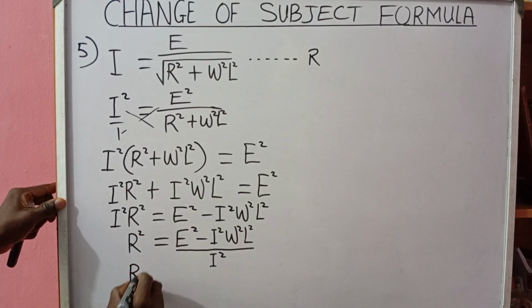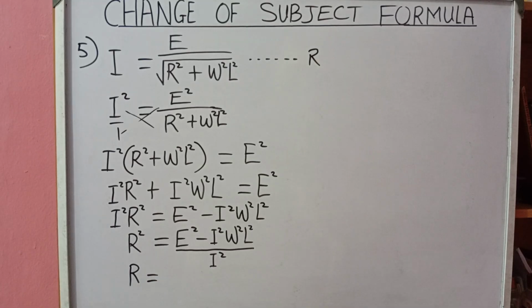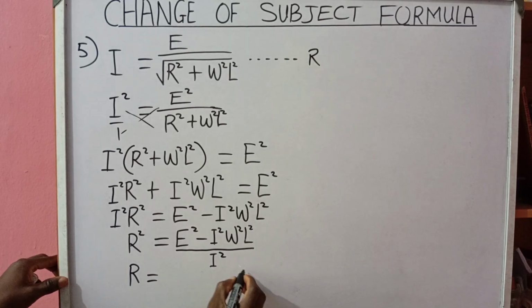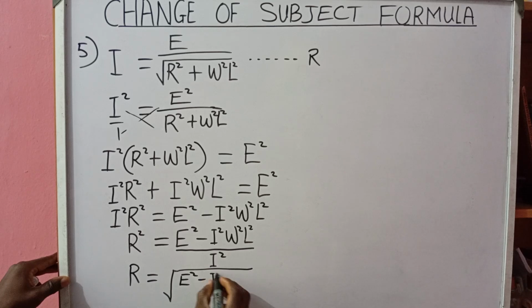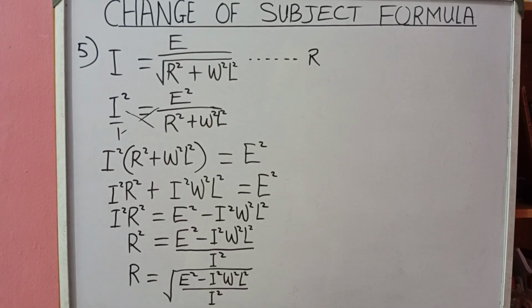Therefore, R will now be equal to the square root of E squared minus I squared W squared L squared all over I squared. That becomes the answer to this question.